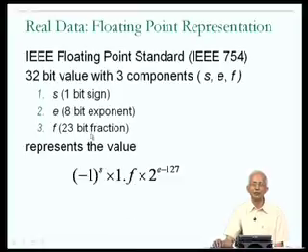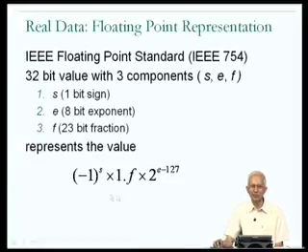So the fraction part is a 23-bit fraction, a sequence of 23 zeros or ones, and 1.f defines, in some sense, the magnitude of the value. Then the exponent part, minus 127, is the power to which the constant 2 is raised in order to give the multiplicative factor through which this real value will be evaluated.